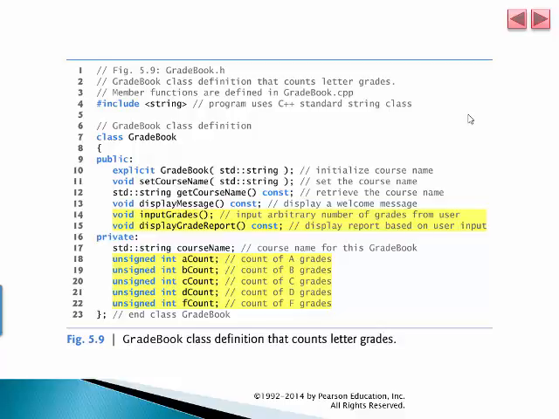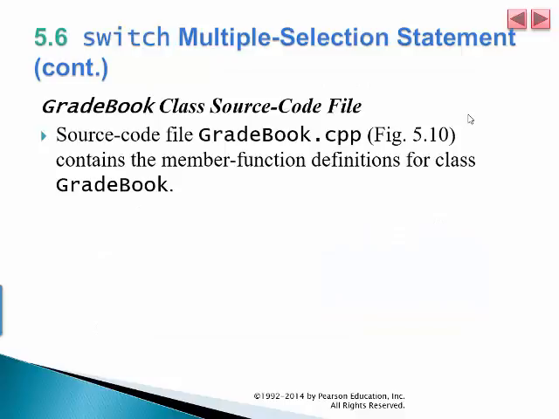In other words, we're keeping track of how many A's, B's, C's, D's, or F's are in this class. We're assigning to these integers A count, B count, C count, D count. We could do this within a program without the class notation.